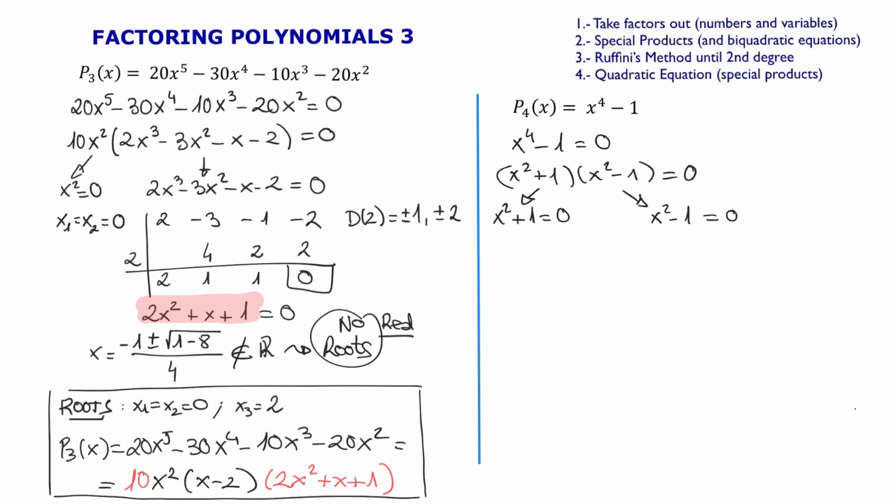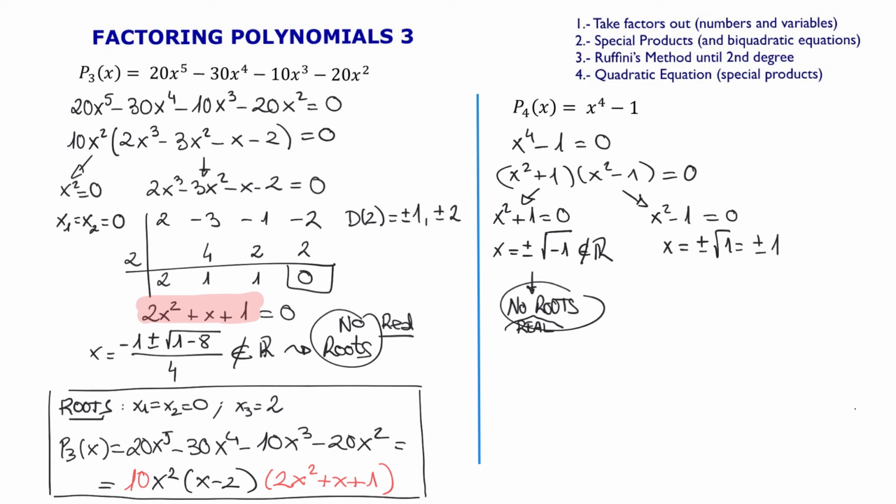If we solve these two second-degree equations, we obtain x equals plus or minus the square root of -1, which is not a real number. So here we don't have roots, exactly the same as in the other exercise. If we solve the other one, we get plus or minus the square root of 1, which is plus or minus 1, 2 roots.